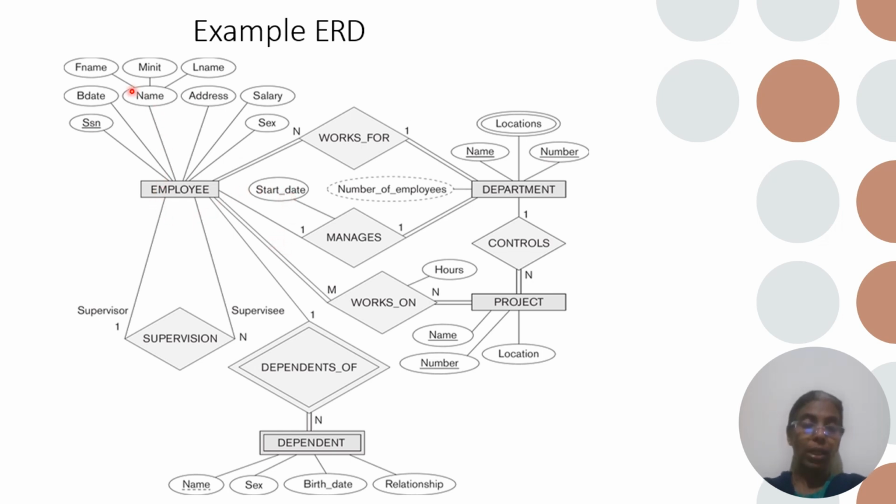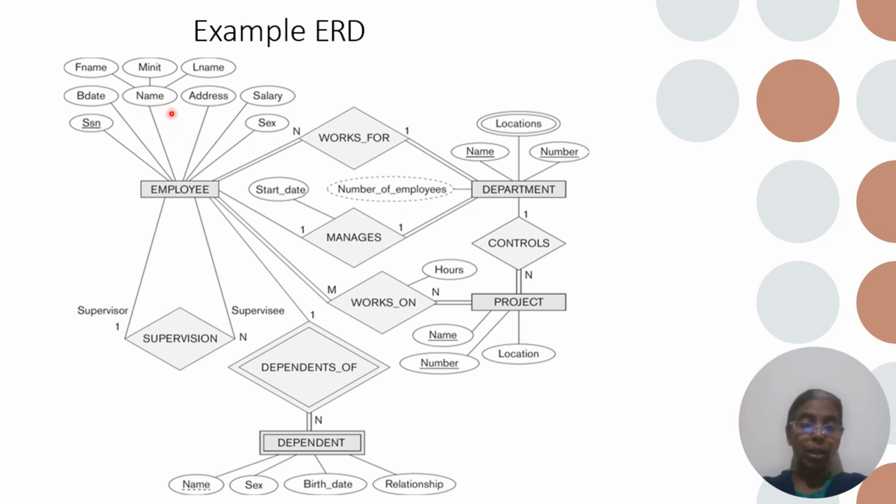Let us see what attributes are there in it. These are simple attributes. Whichever attribute is underlined, we call that the primary attribute, and the primary attribute will be converted to the primary key. The simple attributes are B date, address, salary.